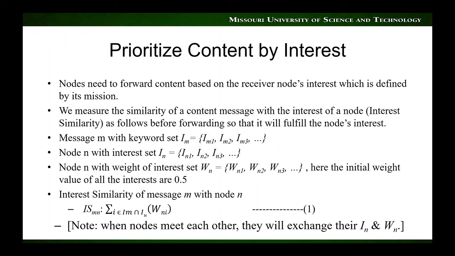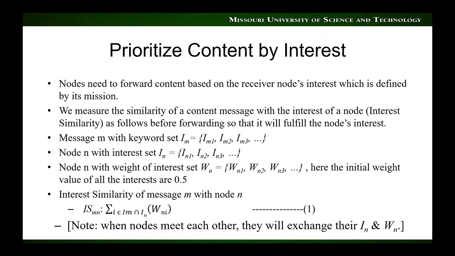Our next goal is to prioritize content by interest. So we know that different soldiers are associated with different mission goals, and for this reason they have different interest over the message. If we consider messages are associated with different keywords, then a node is also associated with different interests. So a node might be interested in some particular message because its interest aligns with the keywords of the message.